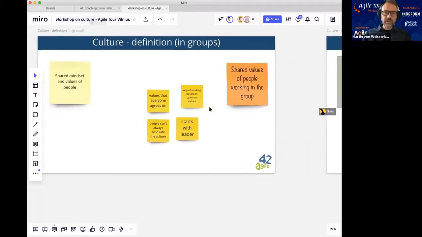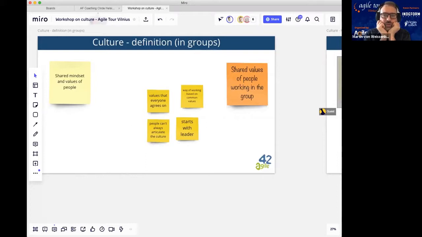Yeah, so we had the small sticky notes here in the middle, and maybe I can summarize then. So basically, what we agreed to, this is based on common values that are kind of agreed on. They are implicit. People can't always write them out or say what they are, but people are very good at picking them up because we are social animals. And they inform our way of working.